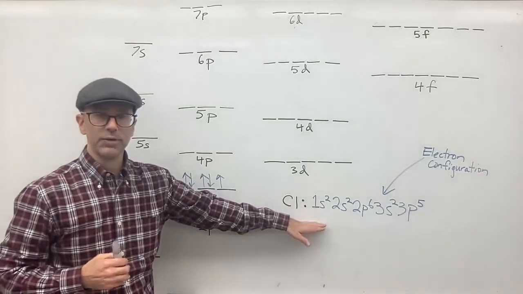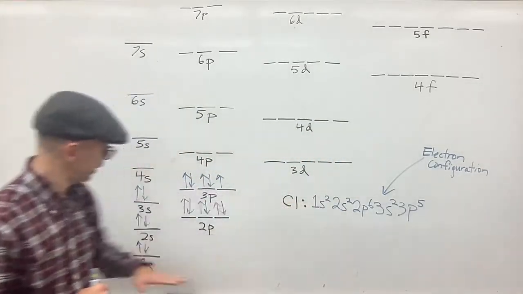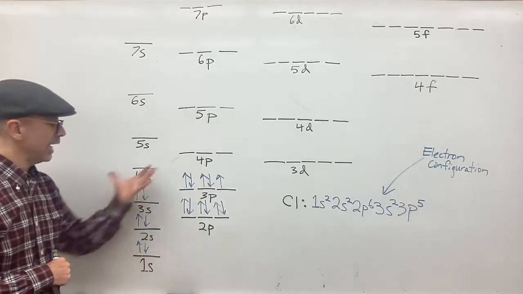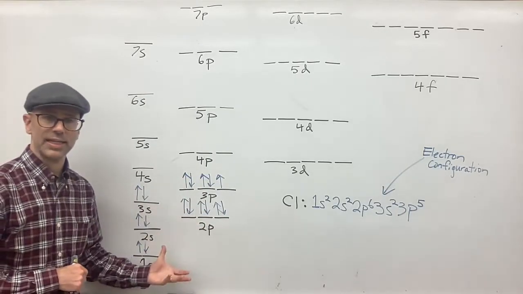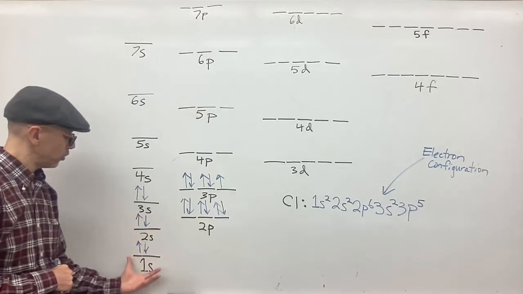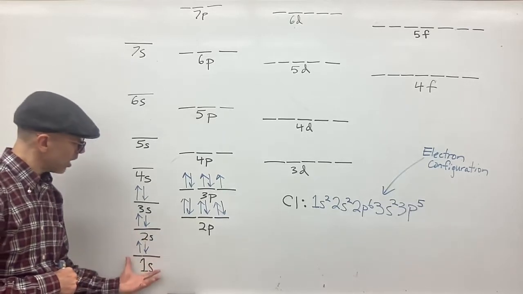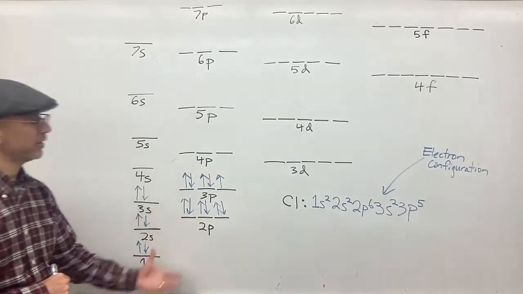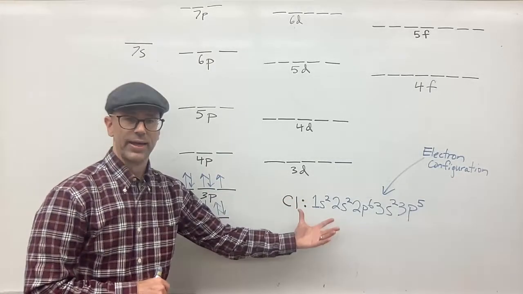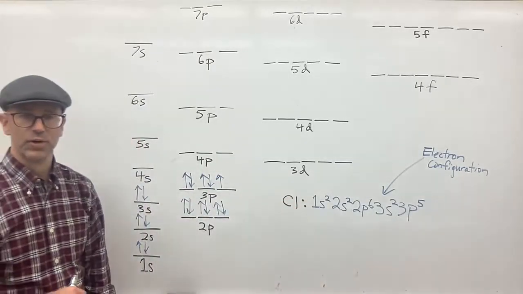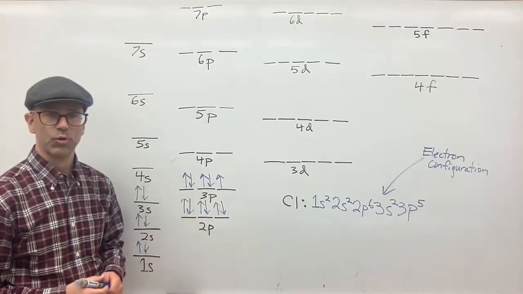So the electron configuration of chlorine comes directly from how you put the electrons in the orbital diagram. So if the electrons are structured in this way, then you write it this way, and this is the electron configuration of the atom of chlorine.